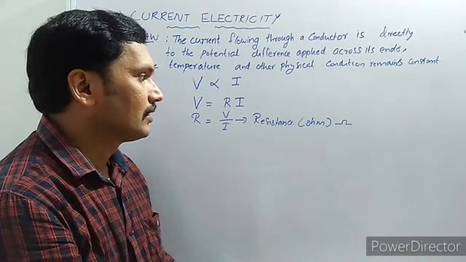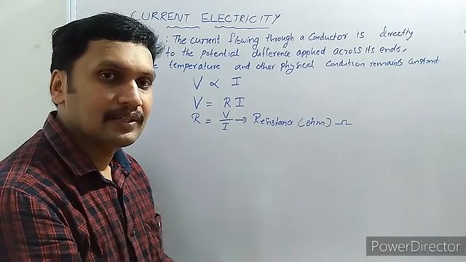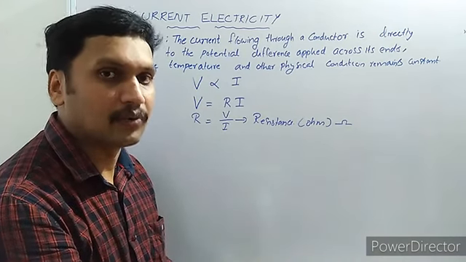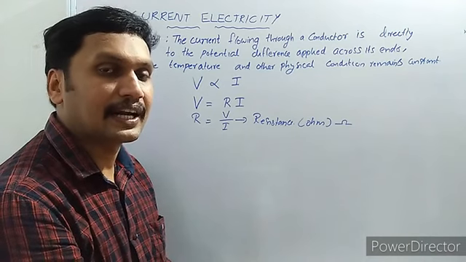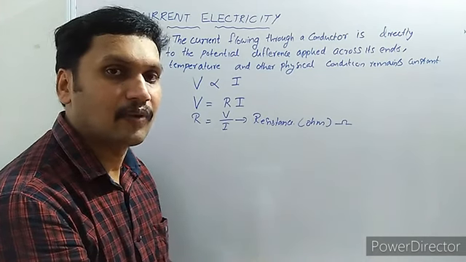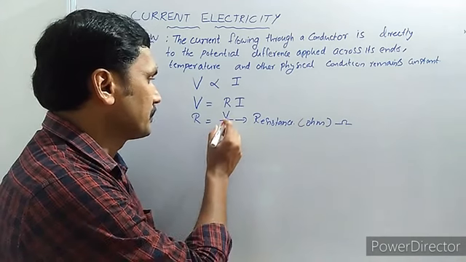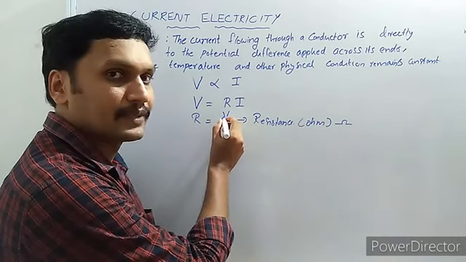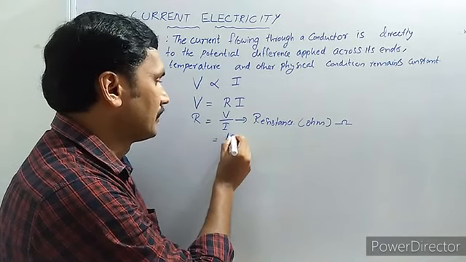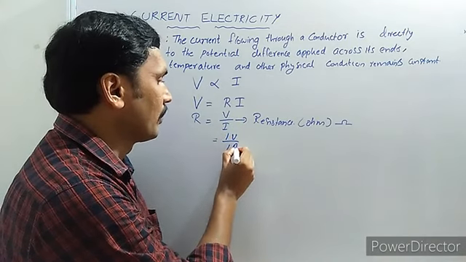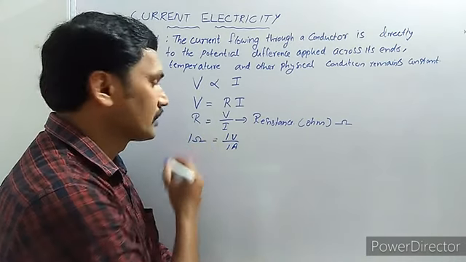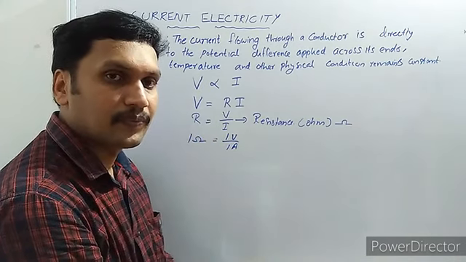Now let us see, when will you say that a conductor has a resistance of 1 ohm? See here in this equation, suppose we apply a potential difference of 1 volt. V is equal to 1 volt and I is equal to 1 ampere. Then we get R is equal to 1 ohm.